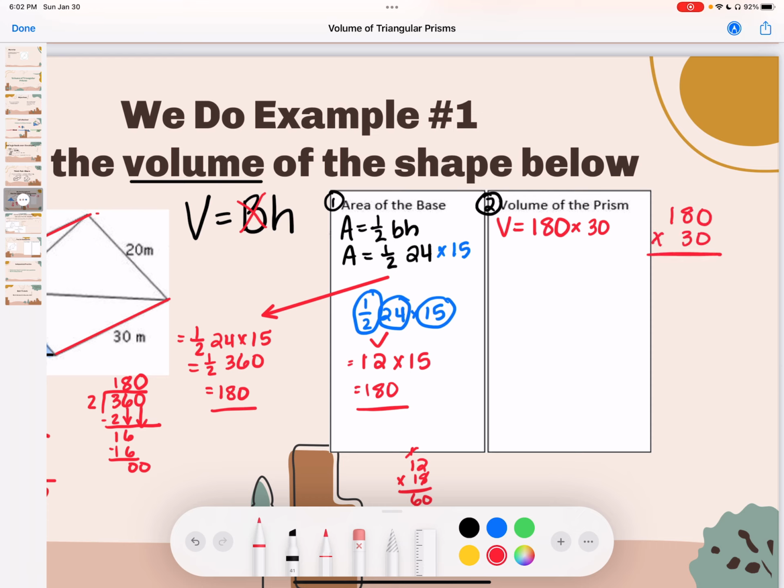So I have 3 times 0 is 0. 3 times 8 is 24. 3 times 1 is 3, plus 2 is 5. So my answer is 5,400 meters cubed.